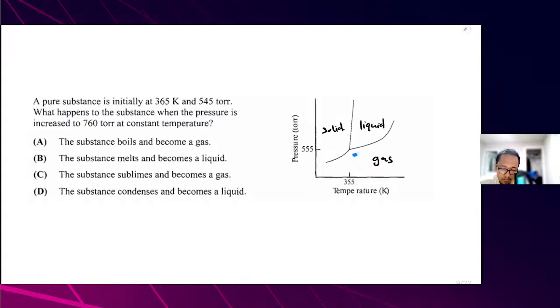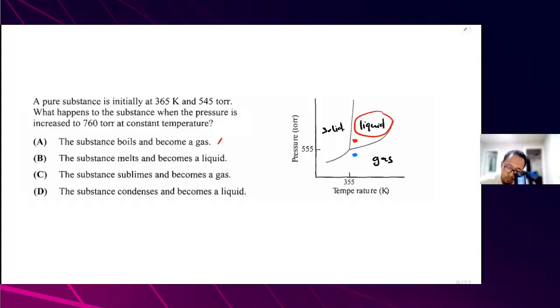What happens to the substance when the pressure is increased to 760 at constant temperature? So moving on over here, now it will be in the liquid. The substance boils and becomes a gas?